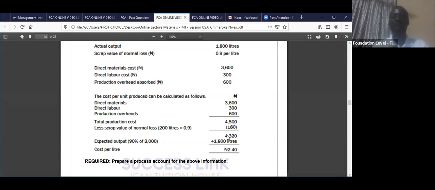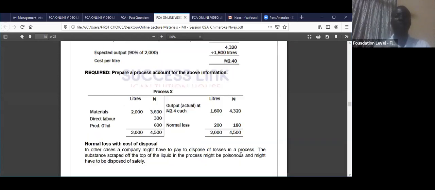So when you divide this by this, you have 2 naira 40 kobo as against 2 naira 50 kobo per unit that you had before. This is because you now have a scrap value figure, which reduces the cost per unit. But when there was no value, the cost per unit increases because we have a loss.